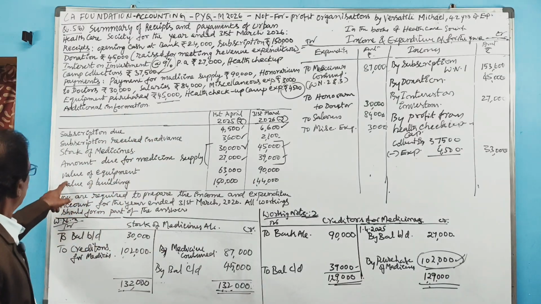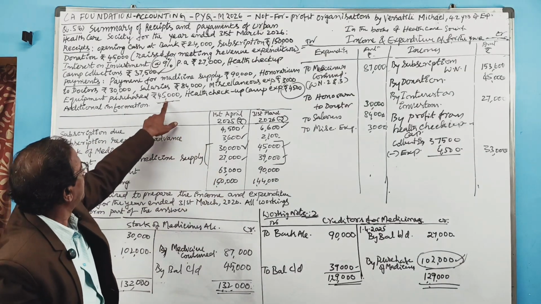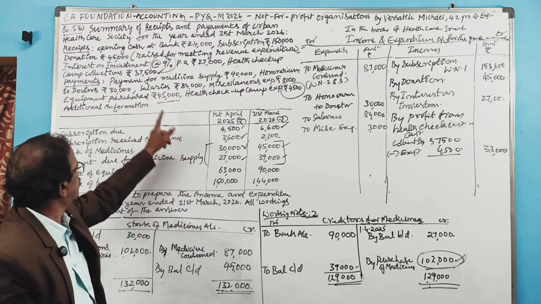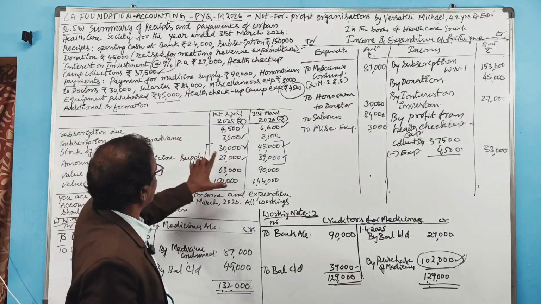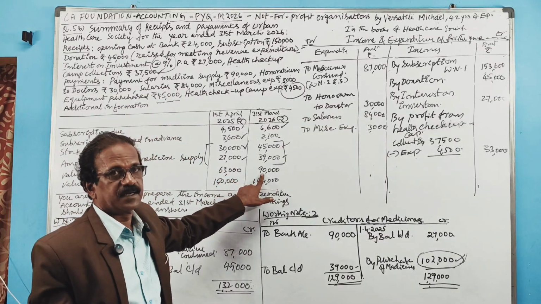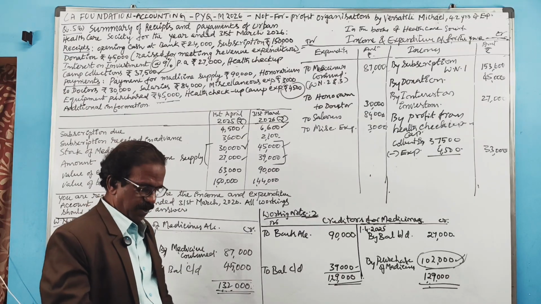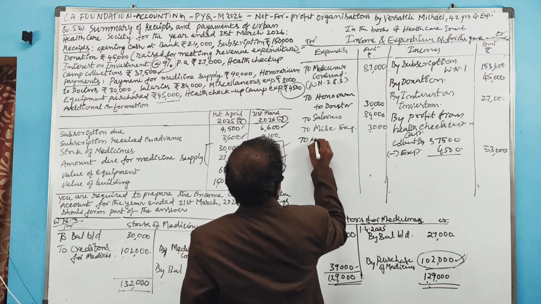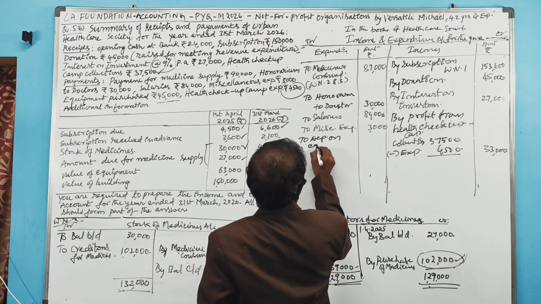Look here, value of equipment is in the beginning 63,000 and we purchased 45,000. This plus this will become the total equipment, and from the total subtract this 90,000, you will get the depreciation. Depreciation on equipment. So debit side to depreciation on equipment.